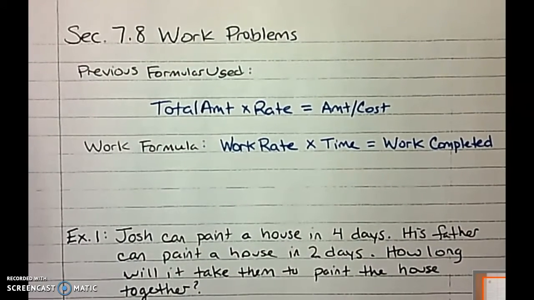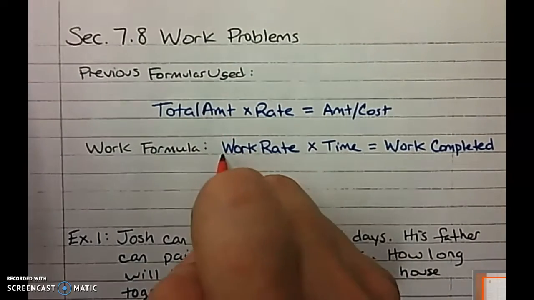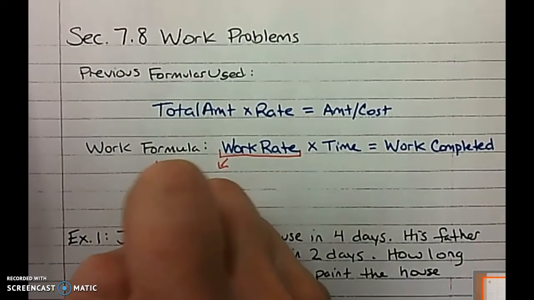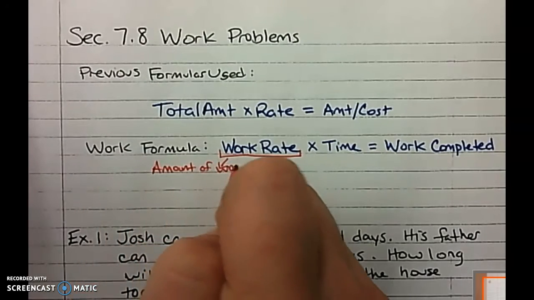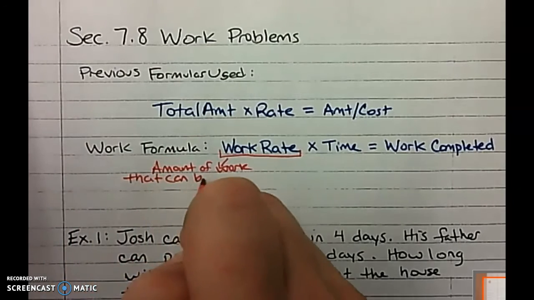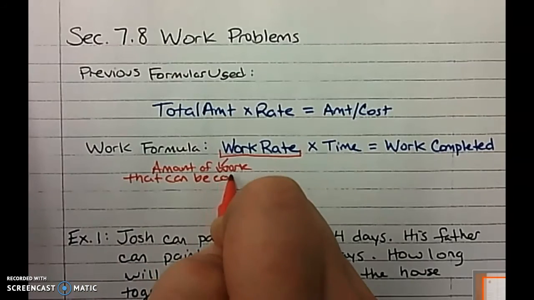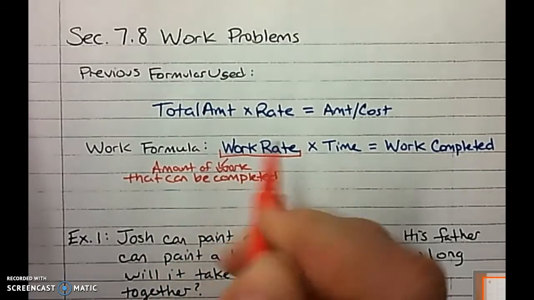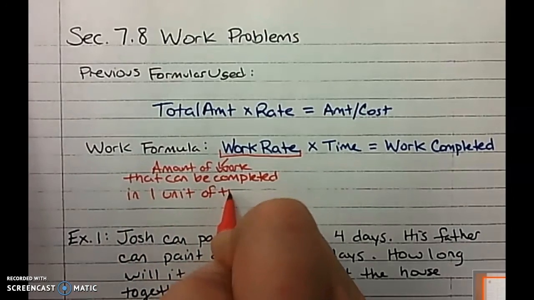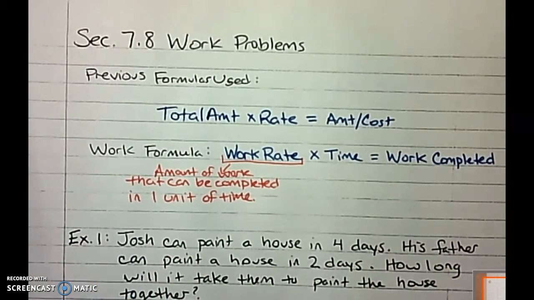Okay, so let's explain what each of these variables actually represents. Our work rate is going to be the amount of work that can be completed in 1 unit of time. One problem might be talking about days, another one might be talking about hours.